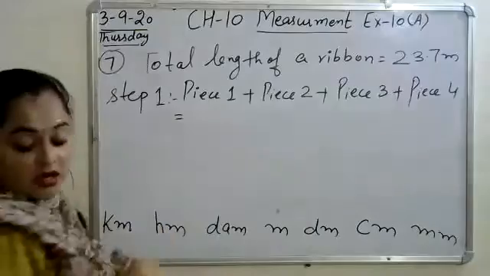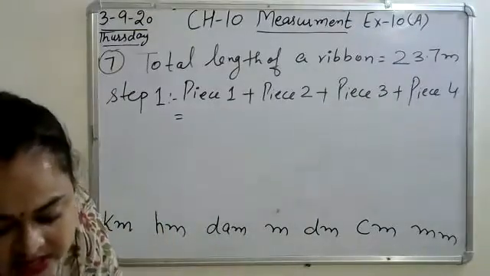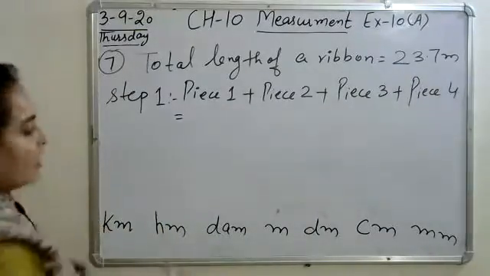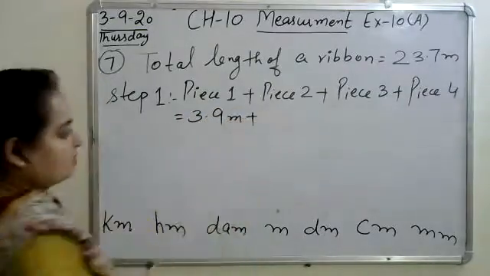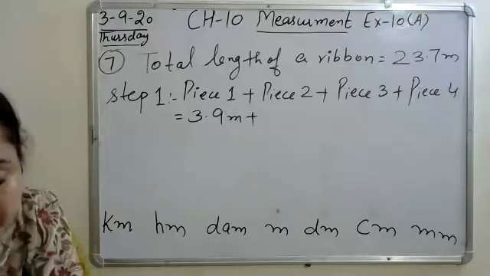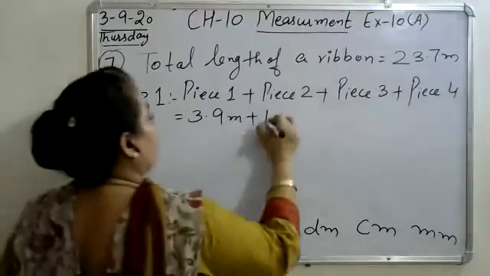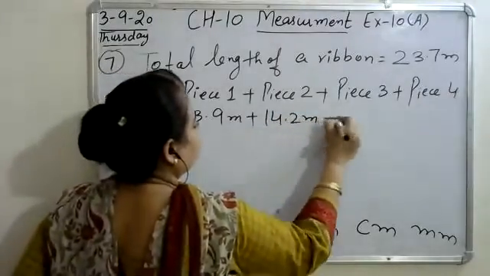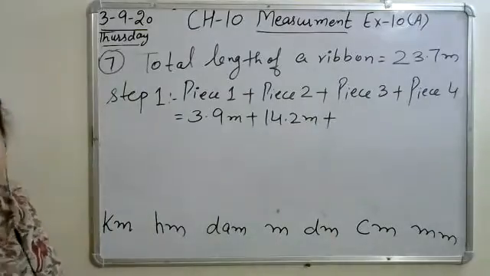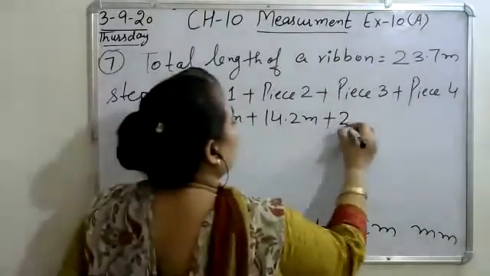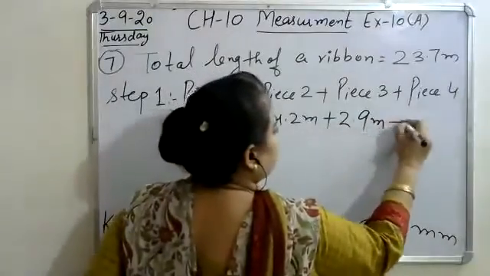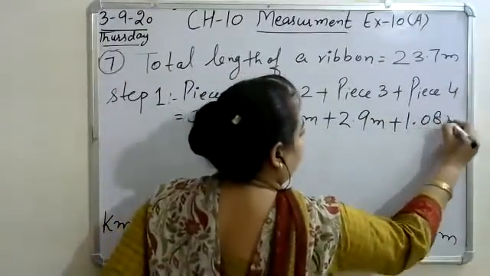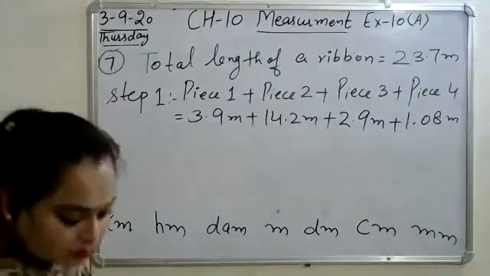What is the length of the first piece? 3.9 meter. Plus the second piece, 14.2 meter. The third piece, 2.9 meter, plus 1.08 meter. This is given.